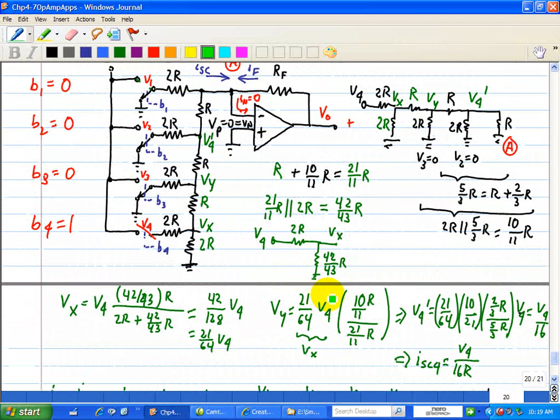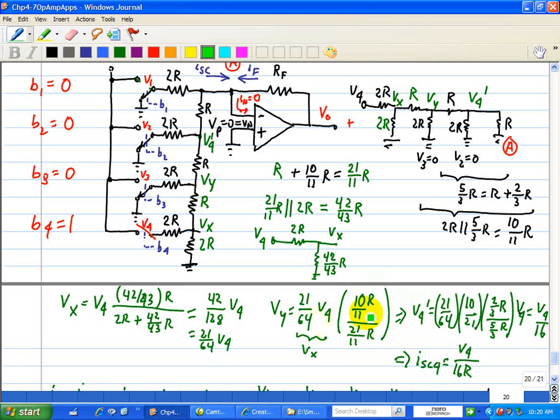That's what we calculated earlier right here. And that serves as the input, so we can calculate Vy, and we know that this resistor network is equal to 10/11 R, and so you divide that all over 21/11 R, in which we found that network right here in the calculation. So it's R plus this resistor network of 10/11 R. So 10/11 R divided by 21/11 R, and we get a result of the following.